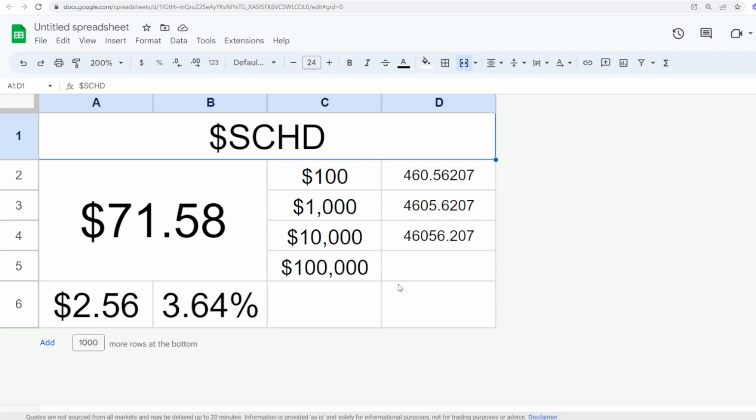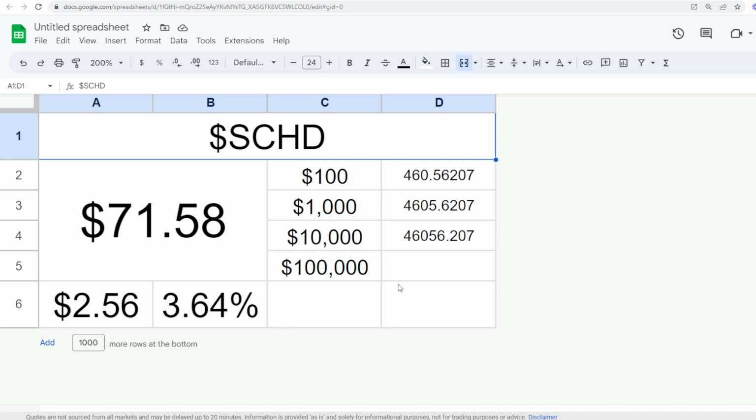Something you definitely should always understand. But yeah, it's performed really well. I looked at it earlier. It was like over the past 3 years, I think the performance has been like 18% versus SPY at like 15% or something like that. So definitely outperforming SPY there. Definitely something to consider.